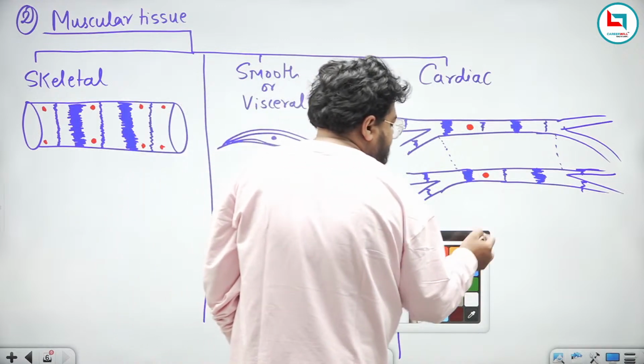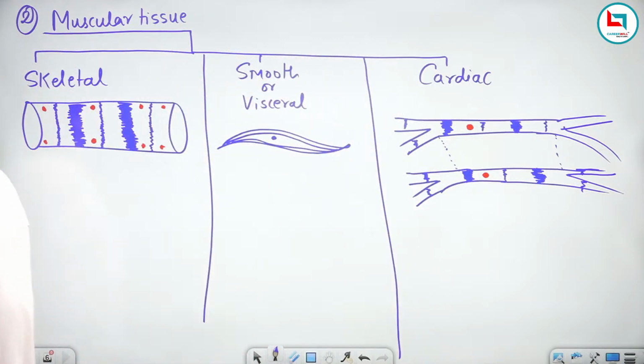So this is the structure of our cardiac muscles. So these are the structures of different muscles. This is our skeletal muscle, this is our smooth muscle, and that is our cardiac muscle.